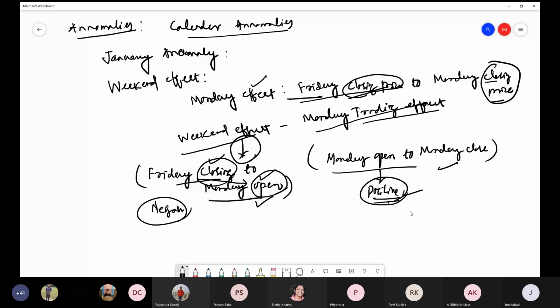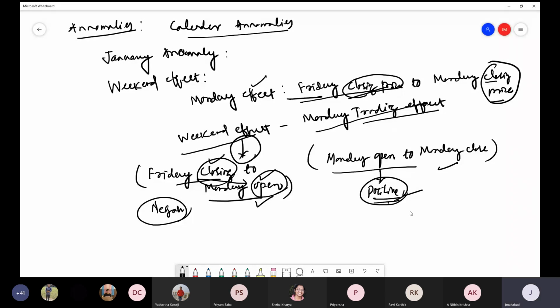So the negative Monday effect for the large firms is due to the weekend effect, and the negative Monday effect for the small firms is due to the Monday trading effect. So that is basically the observation we got when we analyzed the previous data.